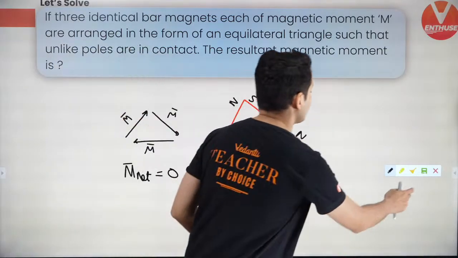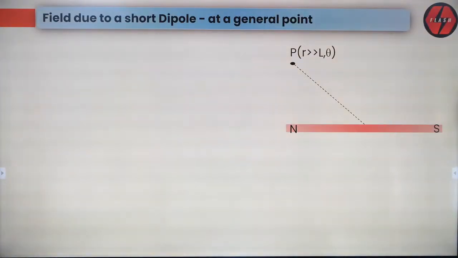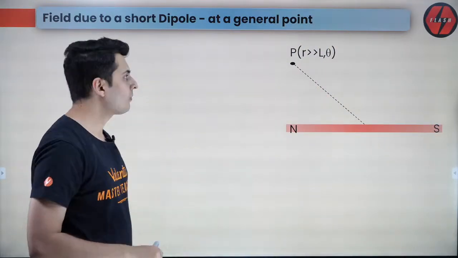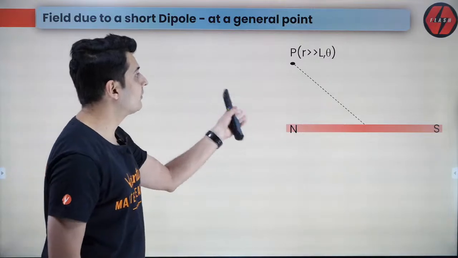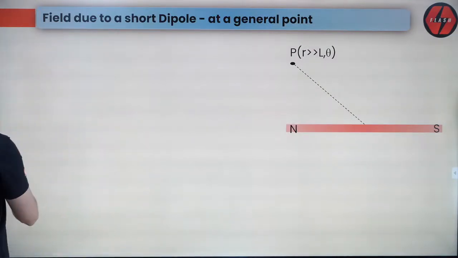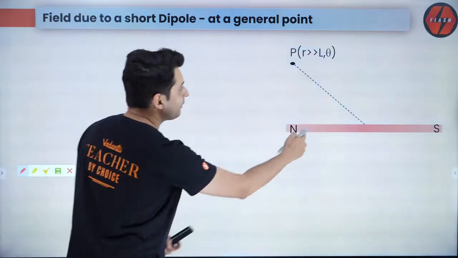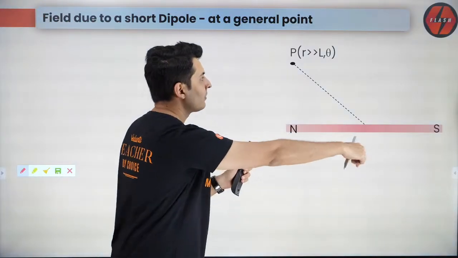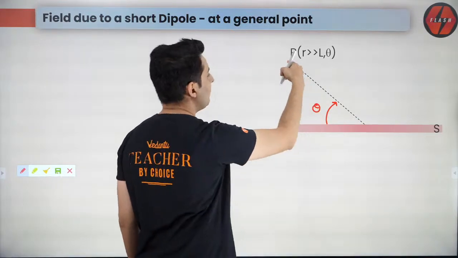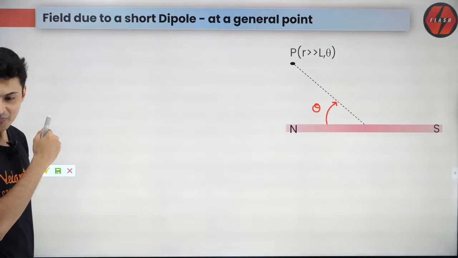Now, let's go to the next concept and then we'll also have some problems. The answer was 0, like I just said. I hope you remember this diagram. We have done this in electric field also. If you have a dipole, what is the field due to a dipole at any point? We have done this, guys, and try to recollect the answer. If this is a magnet and you are at a distance r and this is angle theta, the magnetic field at that point, I have already told you.